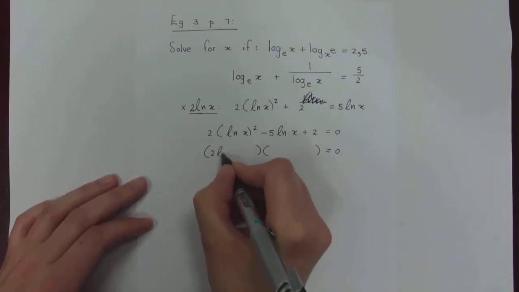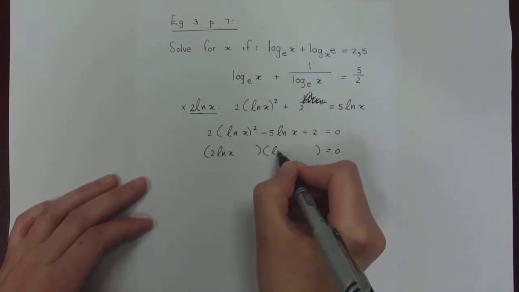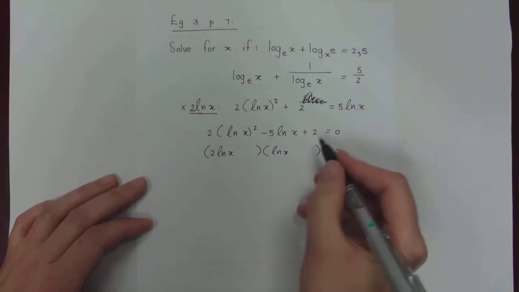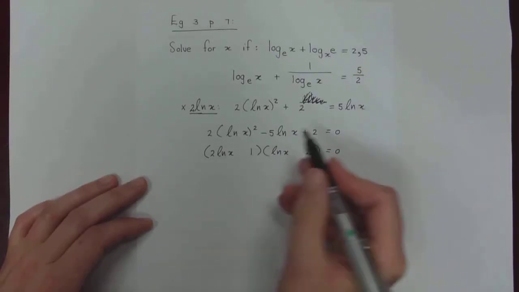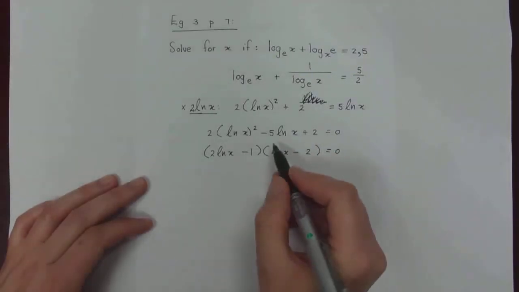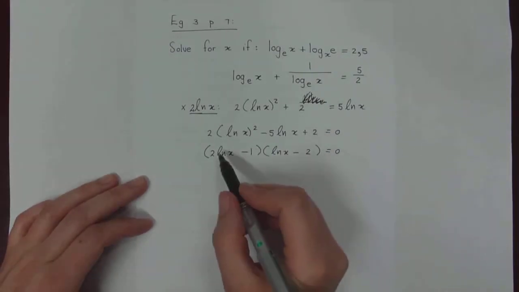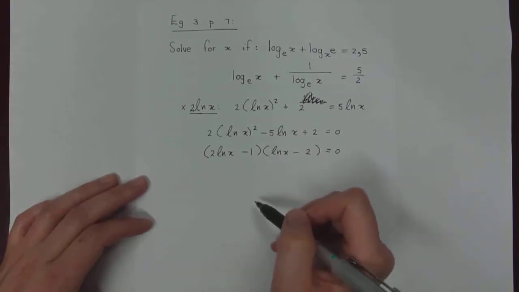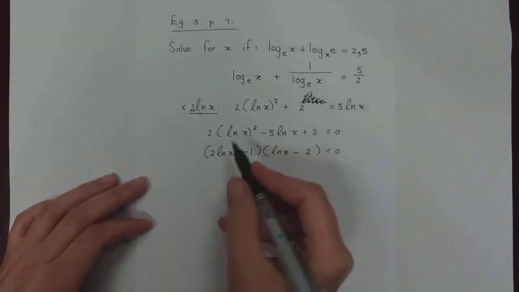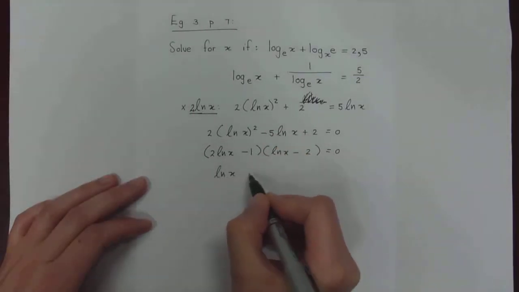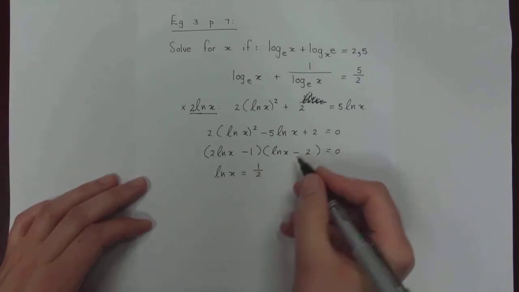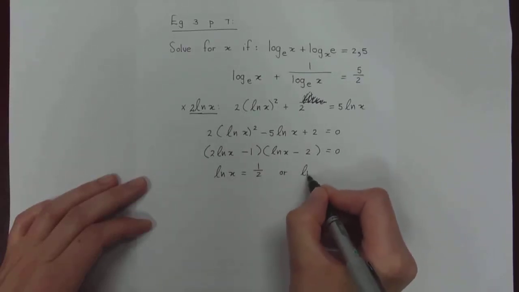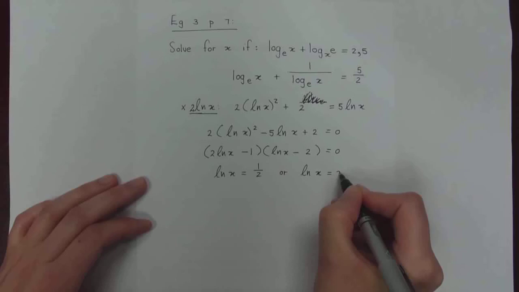This is going to be 2 ln x times ln of x, and then 2 times 1, with minus minus so that if I multiply the two negatives, I get the positive. Over here, I've got minus 4 ln x minus ln x, which gives me the minus 5 ln x. To finish up, ln of x is equal to 1/2, or ln of x is equal to 2.